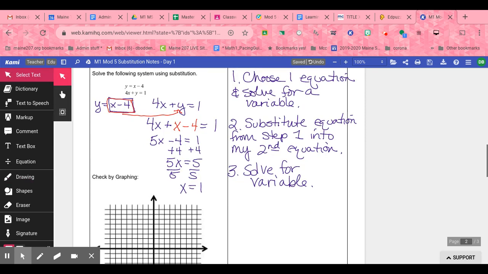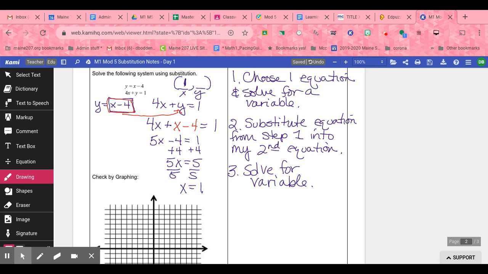Now, if you remember, the goal of solving a system of equations is to look for that ordered pair. So remember, I want an ordered pair, x comma y. And I just finished finding my x value. I know my x value is 1.